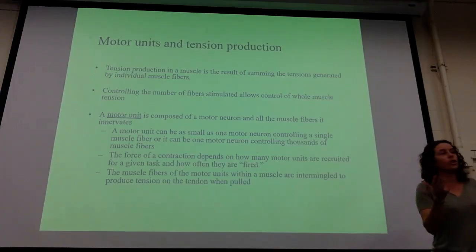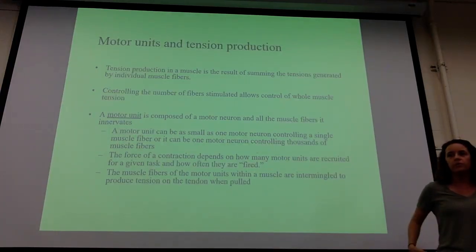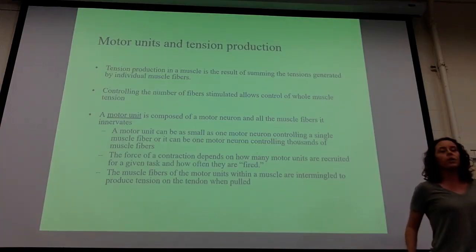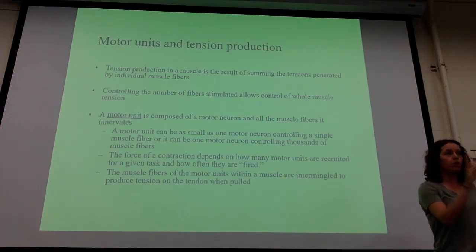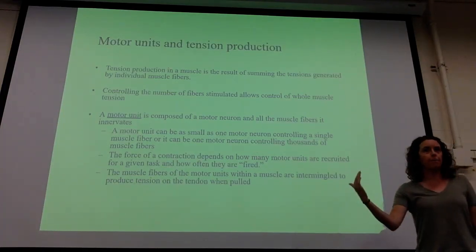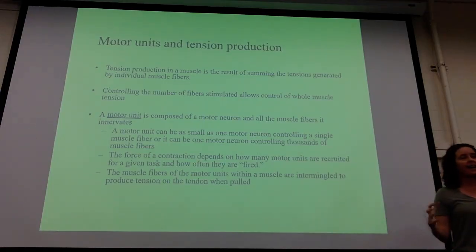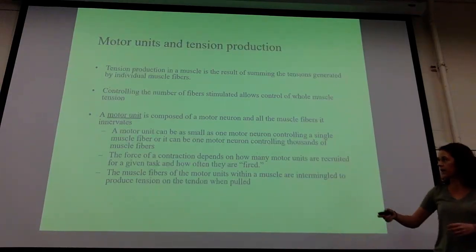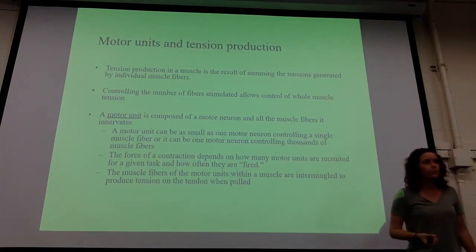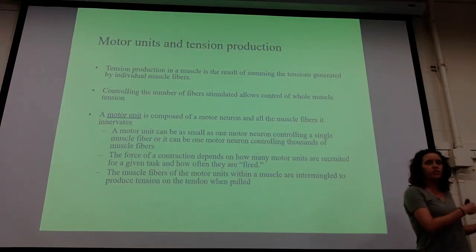Or we can have motor units that are very large. If we're looking at very large muscles, like muscles of the lower body, we can have one motor neuron that innervates many, many muscle fibers. So the size of the motor unit will vary depending on what muscle we're looking at.